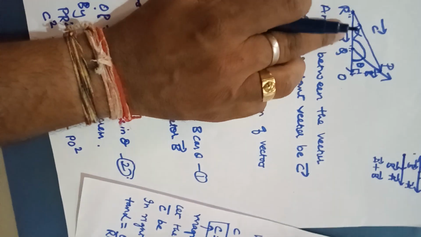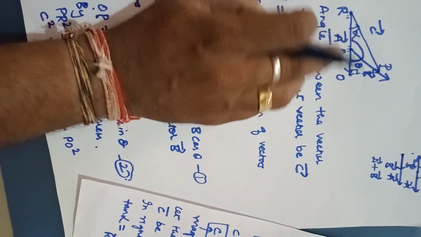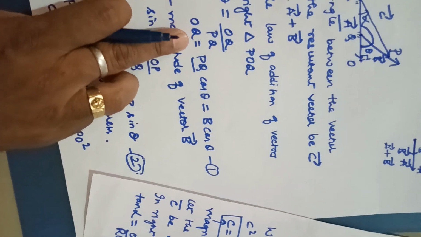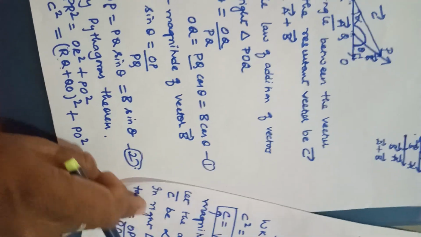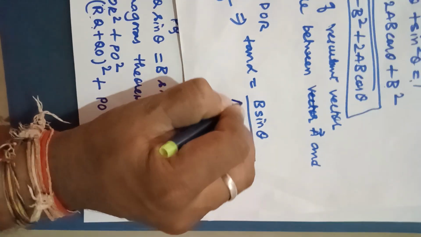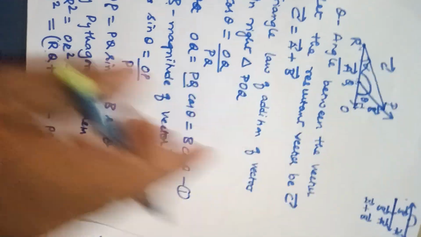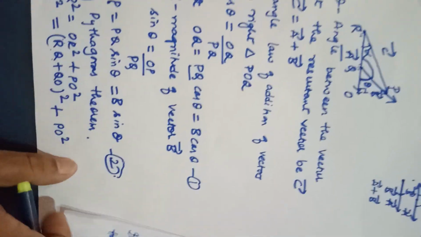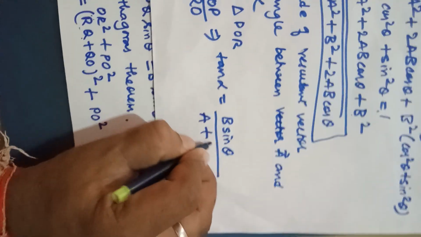And this RQ is nothing but A, and QO from equation 1 is B cos theta. So RO is A plus B cos theta.